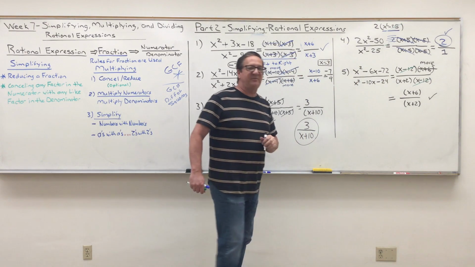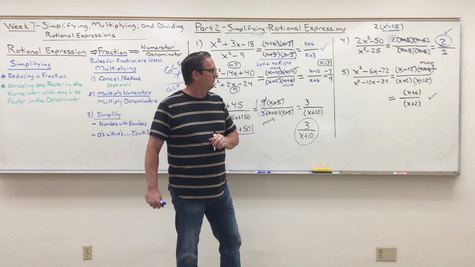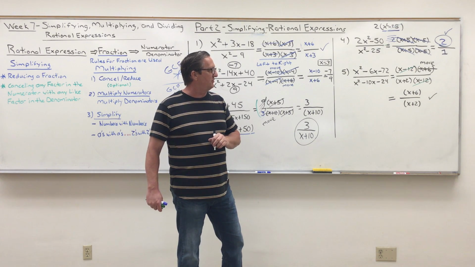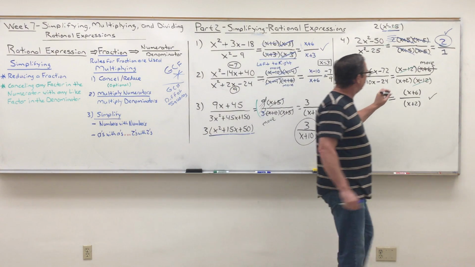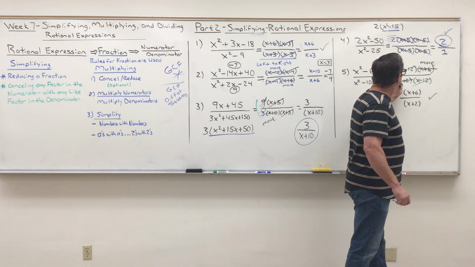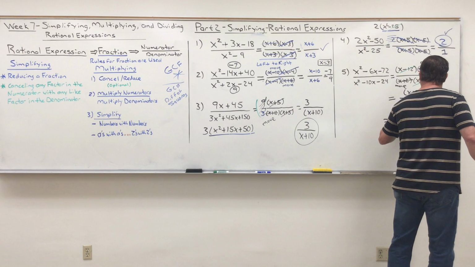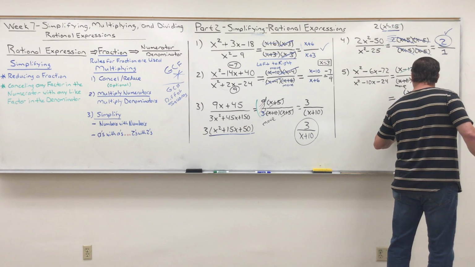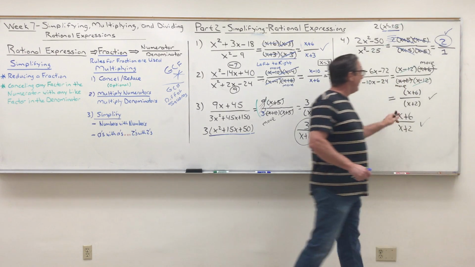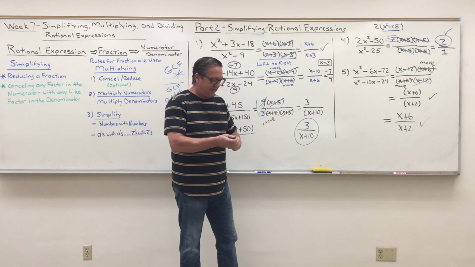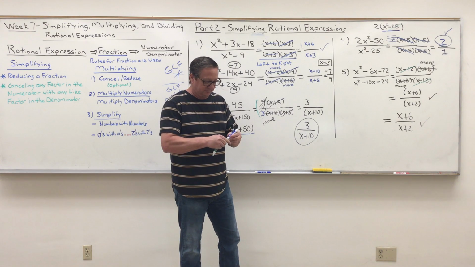And that is my final answer, the binomial x plus 6 over x plus 2. You've done all your moving, and your clean answer is x plus 6 over x plus 2.